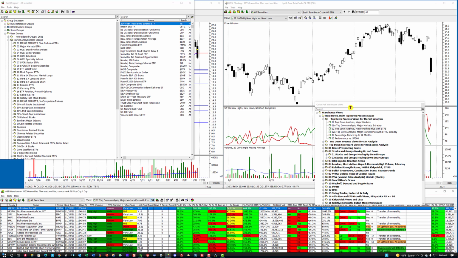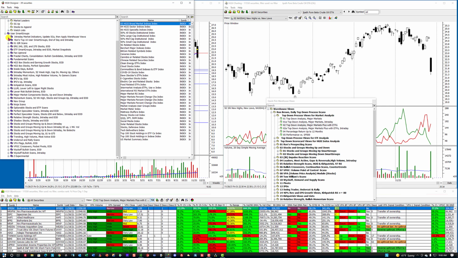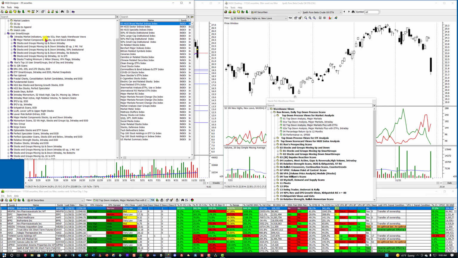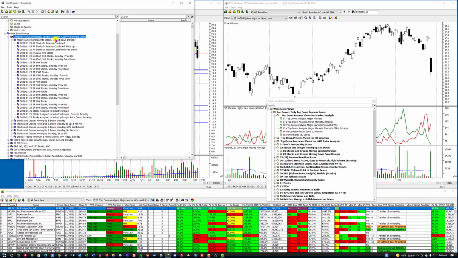But what I want to do now, since we're talking about the market, I want to show you under user smart groups, it says intraday major markets smart groups up and down. This works on end of day too.